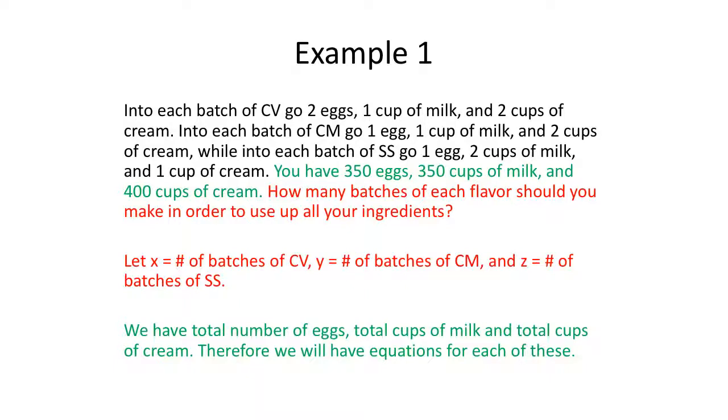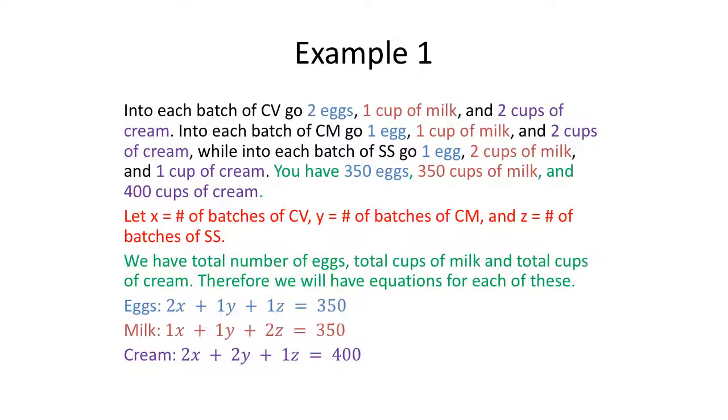Looking back a sentence, we have 350 eggs, 350 cups of milk, and 400 cups of cream. We have totals for eggs, milk, and cream, so we know that those will be our equations. So the question or action statement tells you how to label the variables. In this case, our totals were going to tell us what types of equations we have.